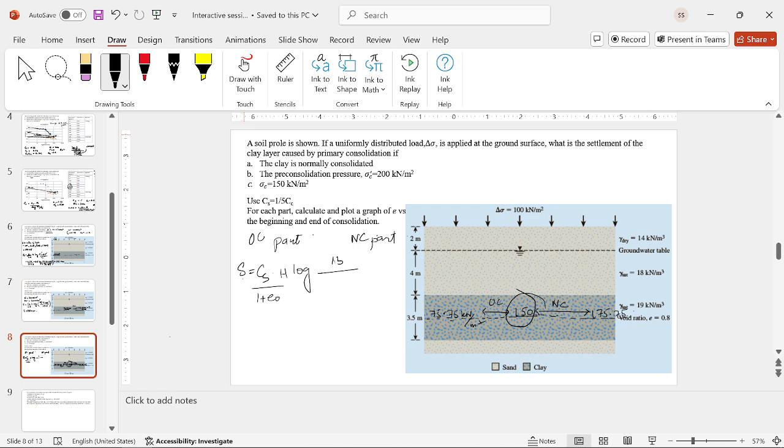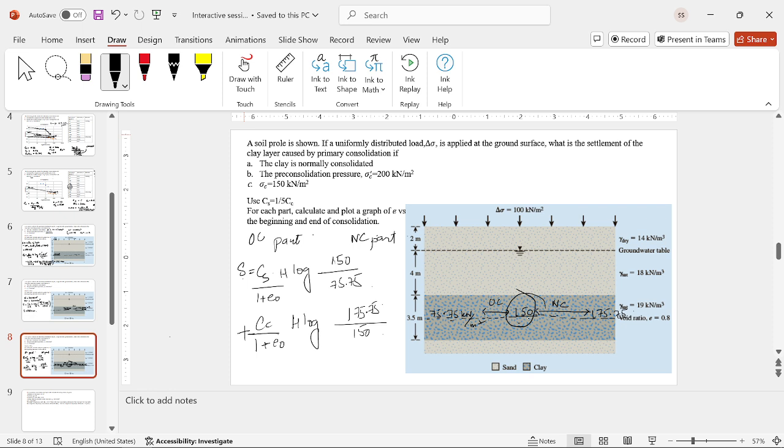So it will be 150 over 75.75, plus, now normally consolidated, Cc over 1 plus e naught, H, log. Now you are moving from 150 to 175. So the total will be 175 over 150. Okay.